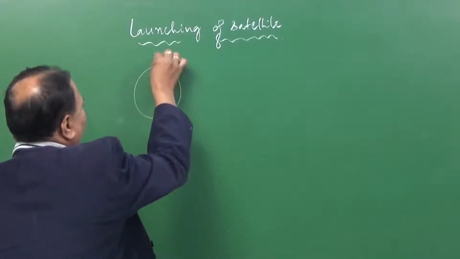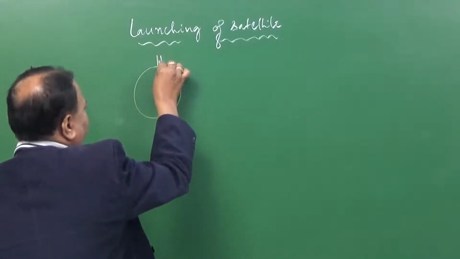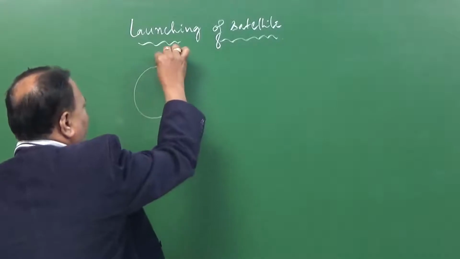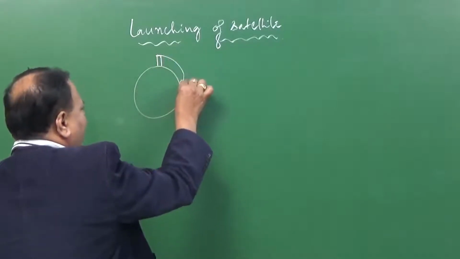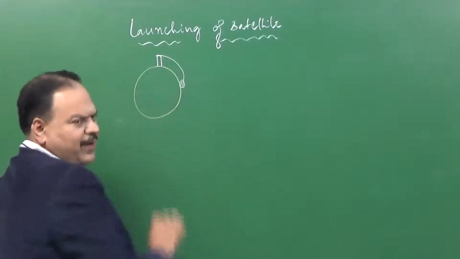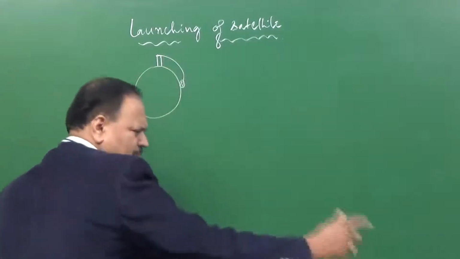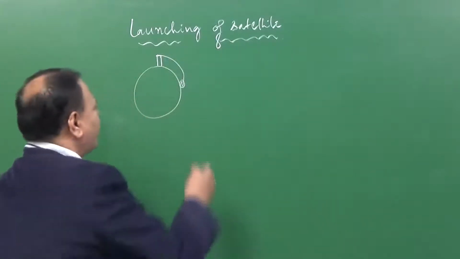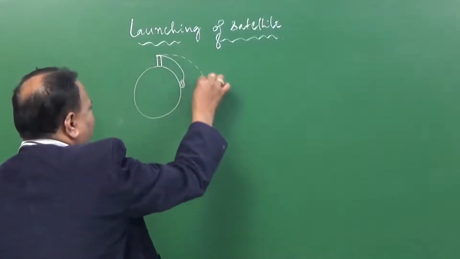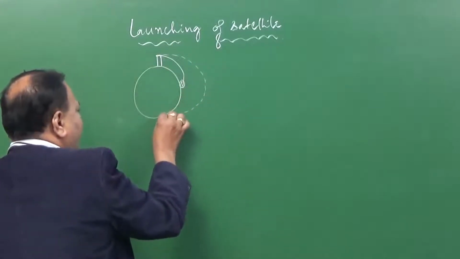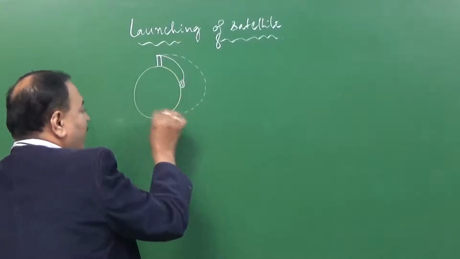From one of the highest points on the Earth, if you throw a stone with a lesser velocity, it will reach the ground at this point. If you throw it with still higher velocity, it reaches that faraway point.